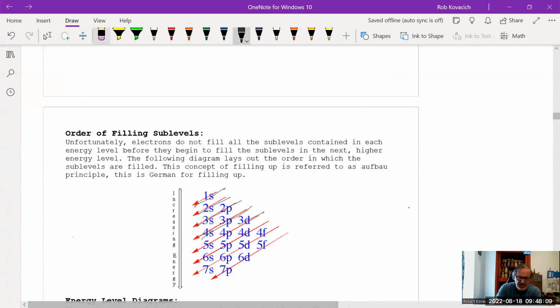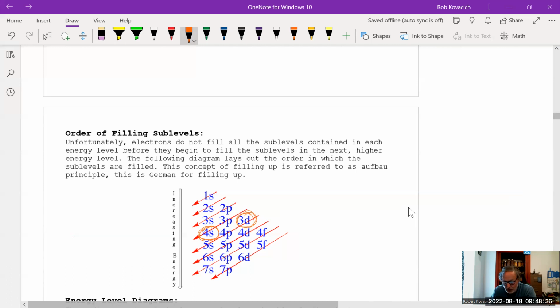The reason this is kind of interesting is because I am putting electrons in my 4s before I put electrons in my 3d. So I have electrons in my 4th energy level before I put electrons in the 3rd energy level. The reason is that the electrons in the 4th energy level's s sublevel are closer to the nucleus than the electrons in the 3rd energy level's d sublevel.